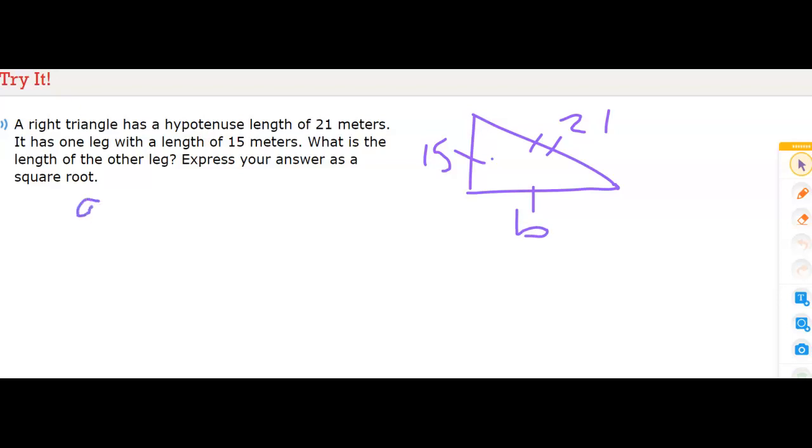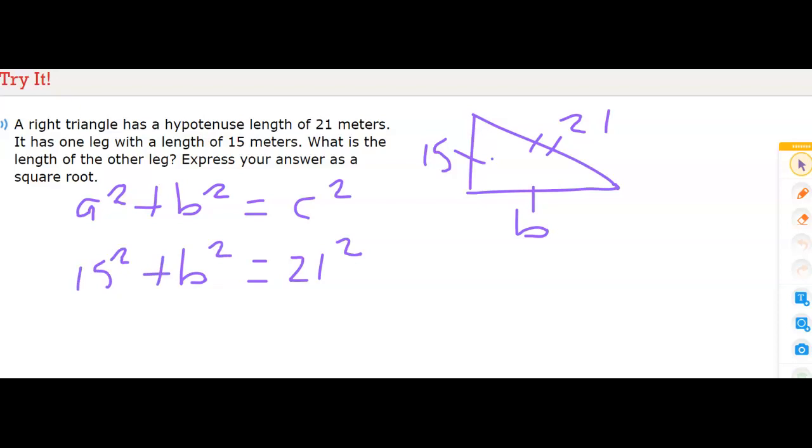So first, let's write out our equation: a squared plus b squared equals c squared. So c is 21, so 21 squared, and then we don't know b squared, and then a is 15 squared. All right, now we need to solve.